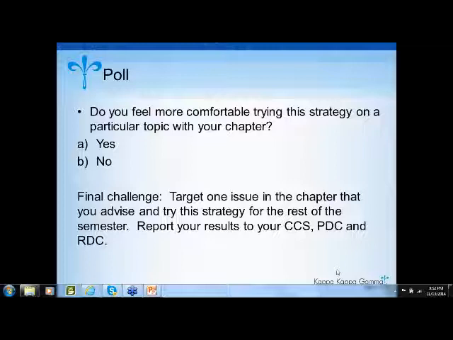Whatever it is you're doing, if you'll just report your results to somebody, your coordinator of chapter support, your PDC or your RDC, then we can use those as good examples and as best practices in future presentations.